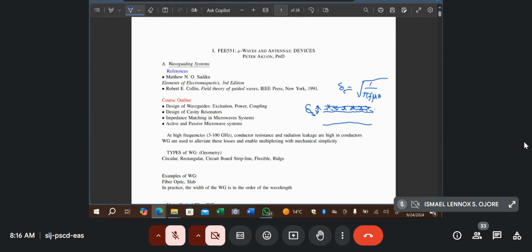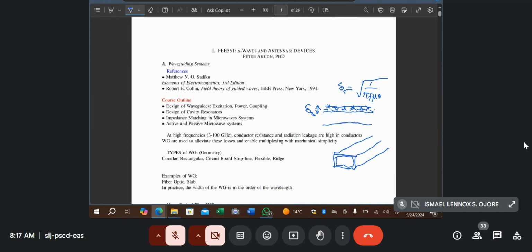But for the waveguide, let's say you have a rectangular waveguide. So it's a hollow structure. The way it is constructed is such that there's high permittivity inside as compared to the outside.